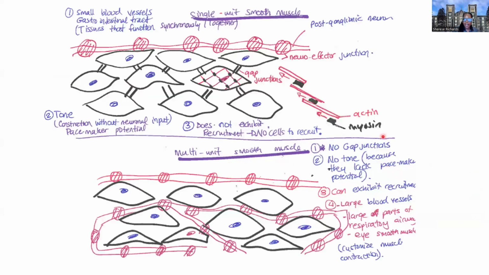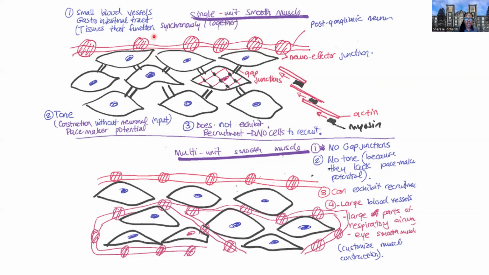Okay, and then I've got, again, another simplified schematic that shows the examples. Up here, we're looking at our single unit smooth muscle, which has extensive gap junctions and a single postganglionic neuron. Remember, we're on the autonomic nervous system, so this is a postganglionic neuron as opposed to a motor neuron, which would be innervating skeletal muscle. This junction here is called the neuroeffector junction, and one of the features of that is the varicosities, the swellings that have the neurotransmitter.